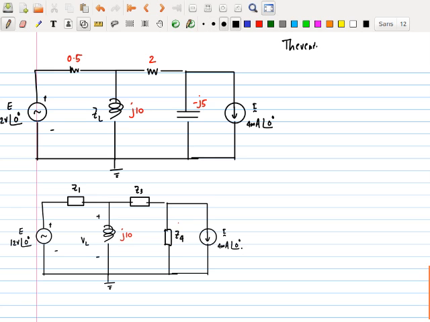This I will keep as I, this I will keep as E. This is where I want to break the circuit, so I'm going to remove this. I'm going to break the circuit from here and look through that. That is my RL.